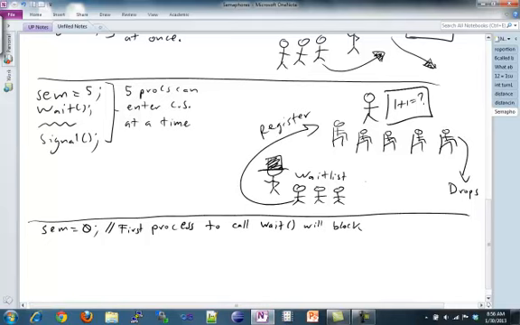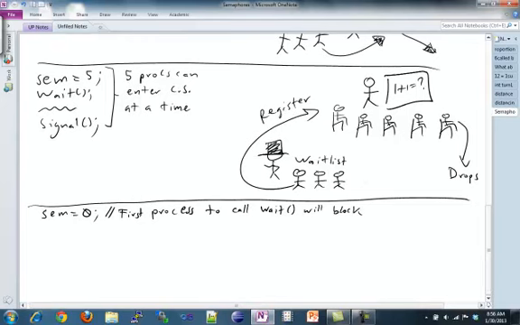So it's not like before where we had some limit, where the first process or the first 5 processes or the first something processes would be allowed to pass through wait, and then the rest would block at wait. Here, the very first one is going to block at wait, and so we have a slightly different scenario.